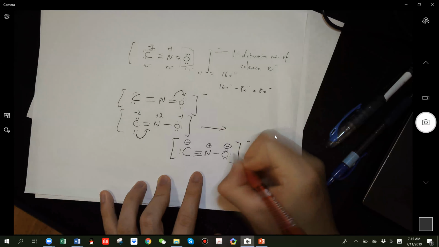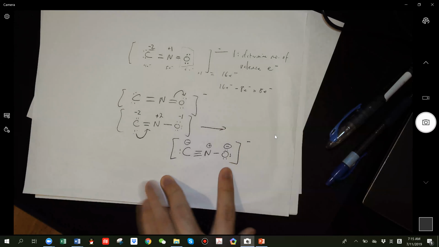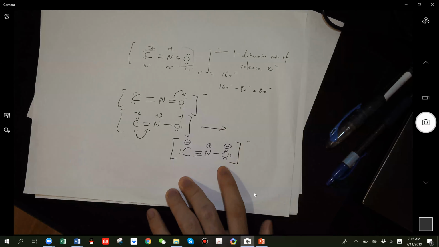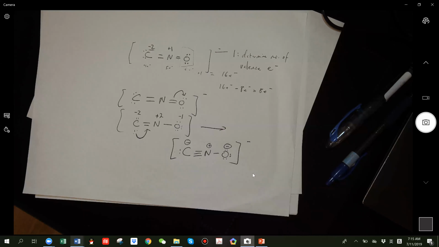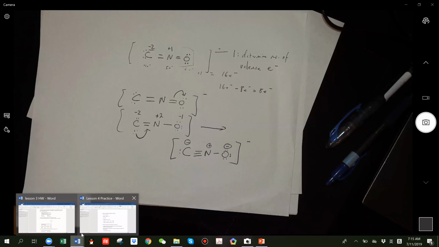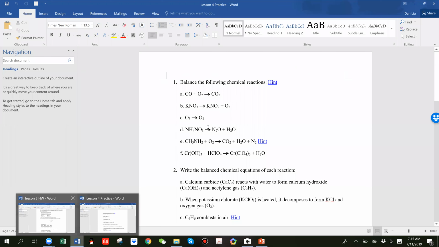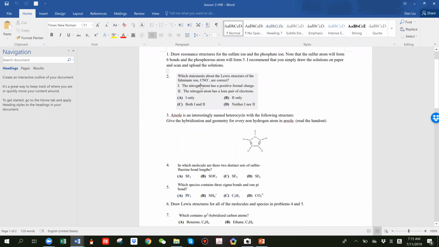Sometimes I might not draw the lone pairs, and that's my bad, because they're not technically required, but at this stage, it's probably better if you include them. So now, looking at this structure, you can answer the question. The nitrogen does have a positive formal charge, but it does not have a lone pair of electrons, so the answer is 1 only.